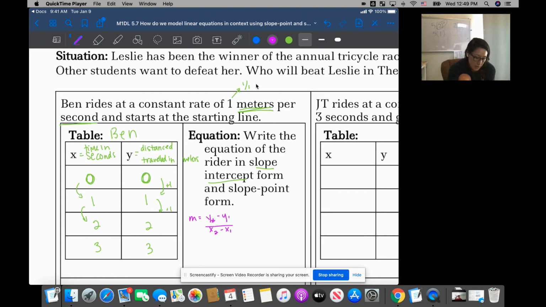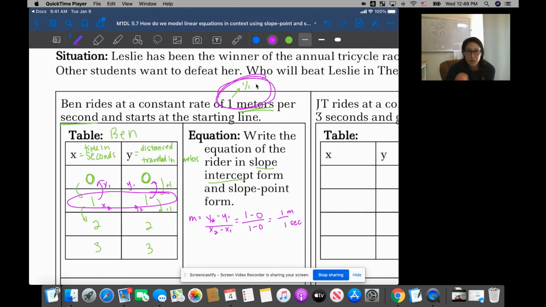So this is my x2, y2, and my x1, y1. So I'm going to subtract 1 minus 0, and then I need to subtract the difference in time. So 1 minus 0 again over 1 minus 0. So 1 minus 0 is 1 over 1. So he travels 1 meter per 1 second.